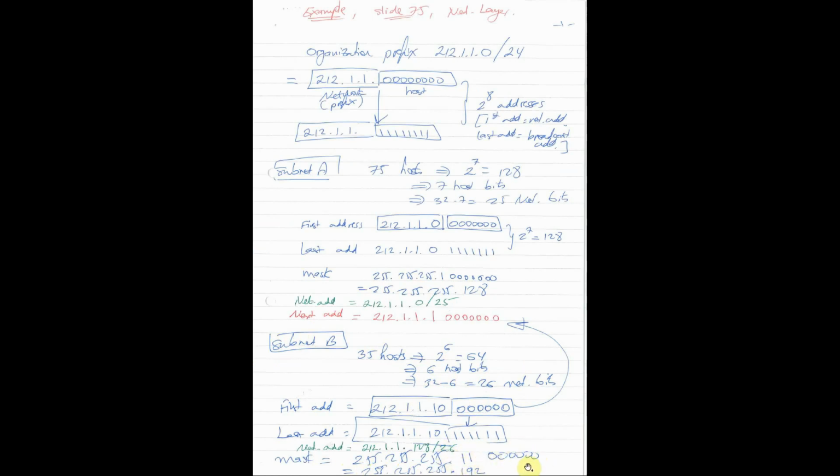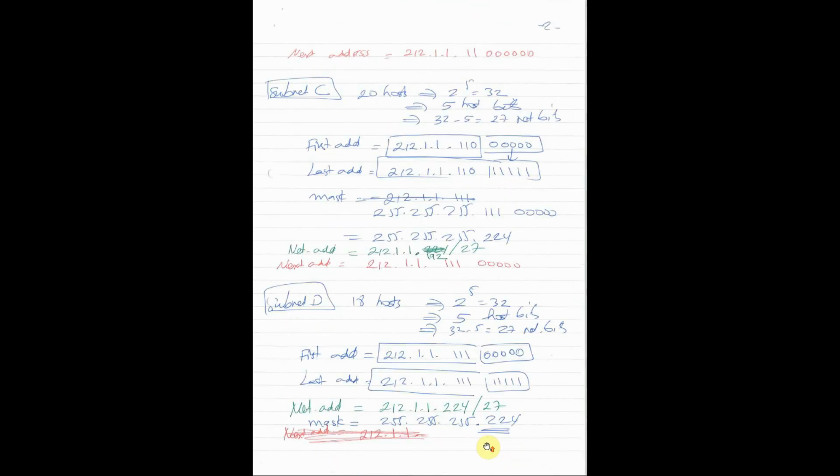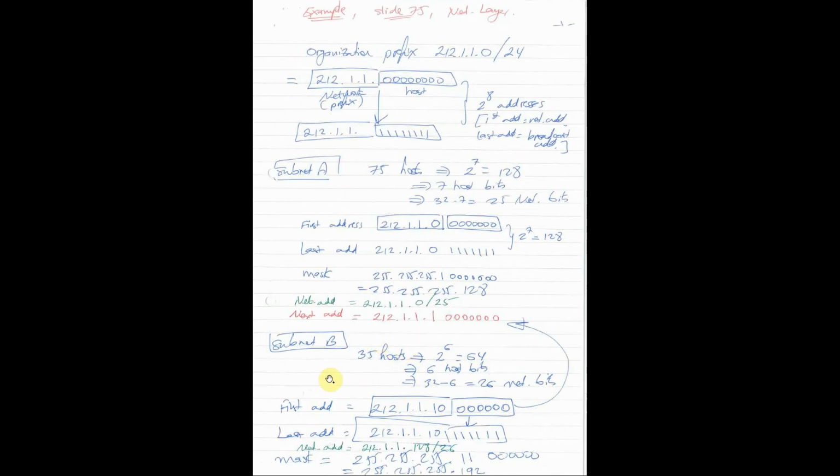If we convert the last binary sequence into decimal, it's 192. So the subnet mask for Subnet B is 255.255.255.192.